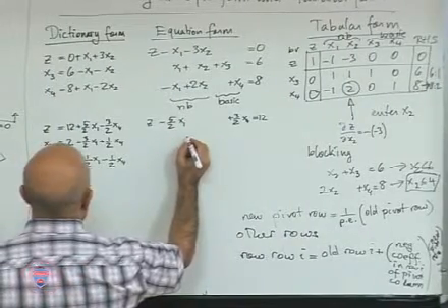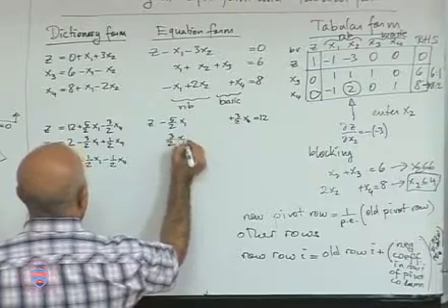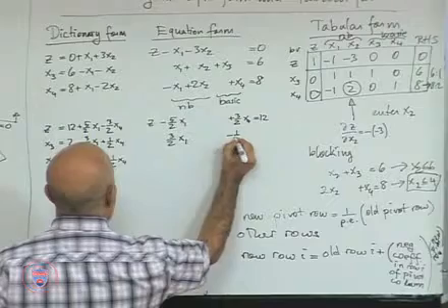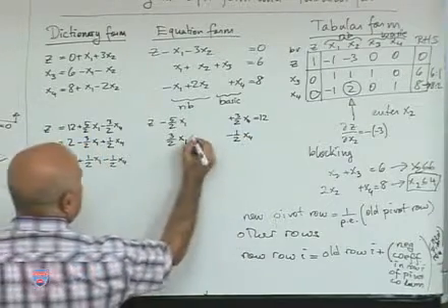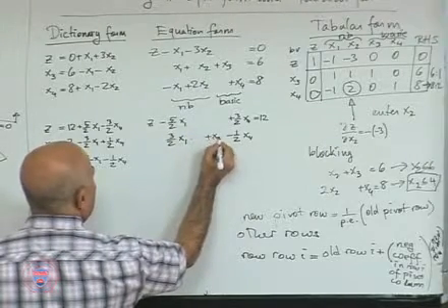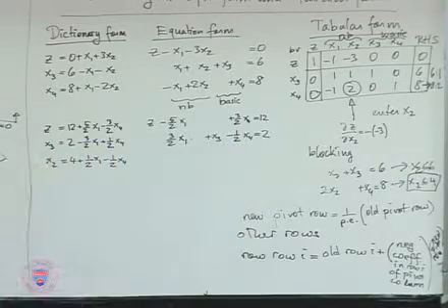Then we have 3/2 x1 minus 1/2 x4 plus x3 equals 2.